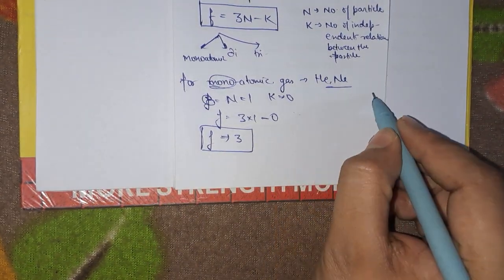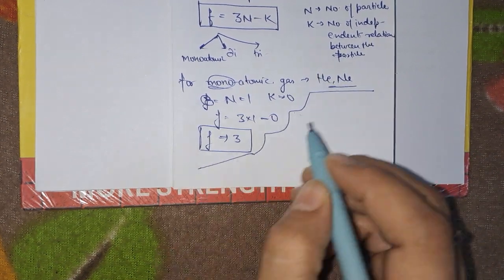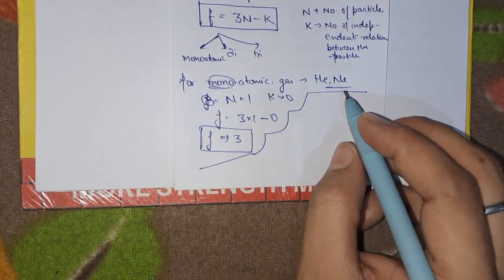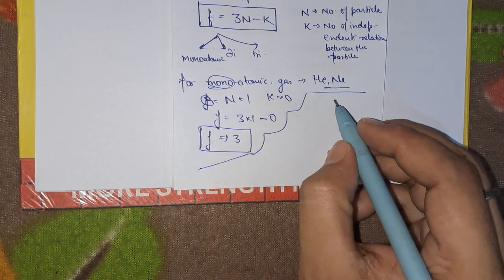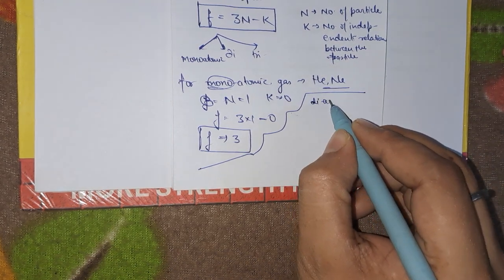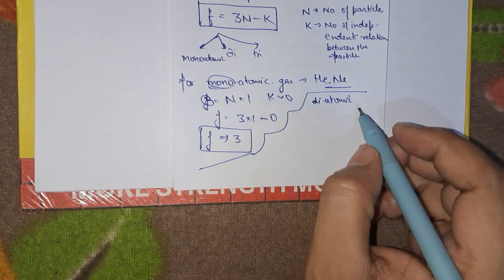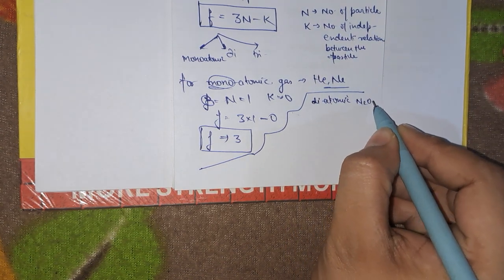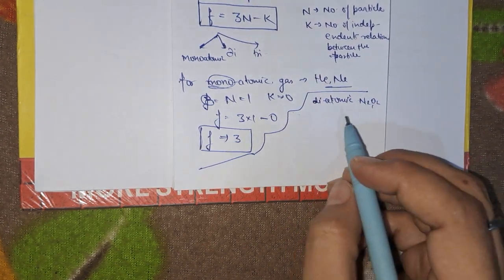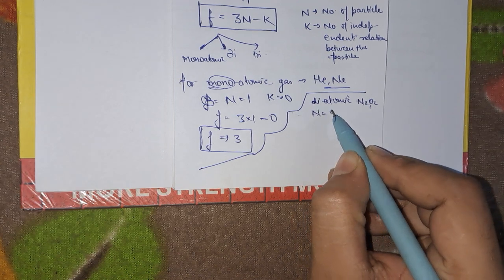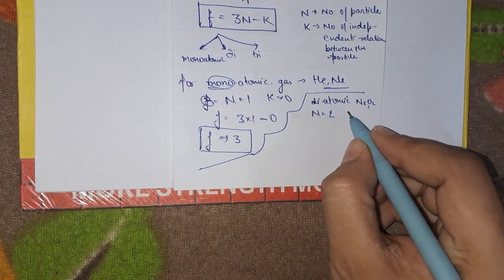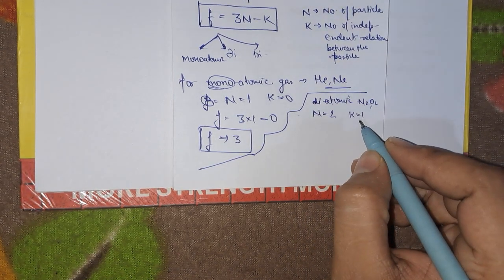Similarly, for diatomic gases such as chlorine, oxygen, nitrogen, what are the criteria? n is 2 since the particles are 2, and k is 1.